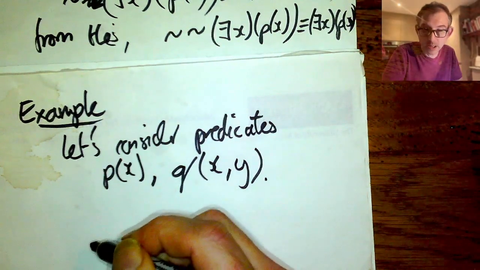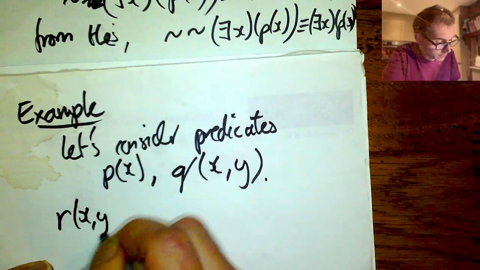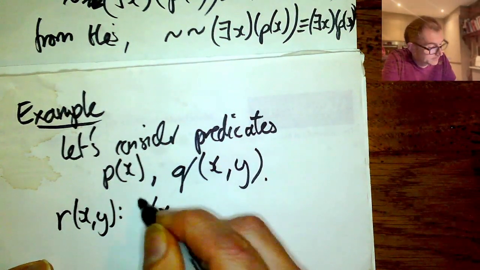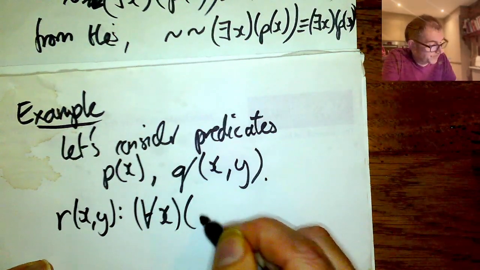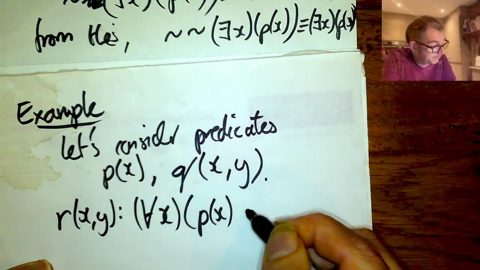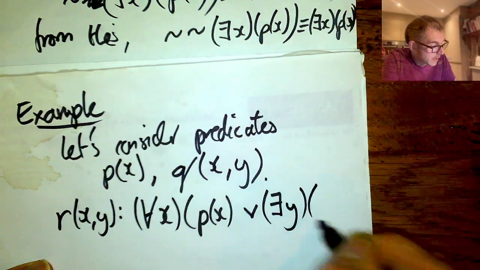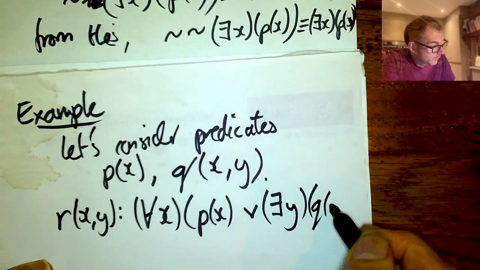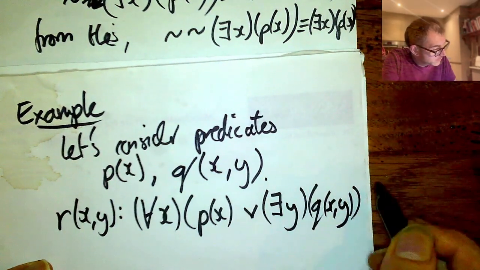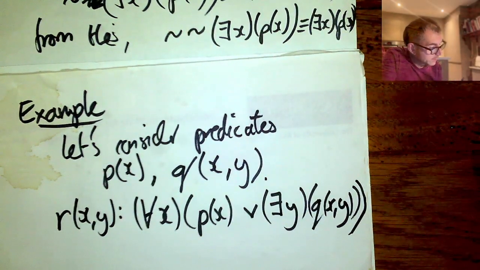So for all x, maybe I'll call this R of x y, just for the sake of giving it a name. So it's going to say for all x, either P of x is true, or I can find some y such that Q of x, y is true. So I'm going to try and think of an example for you like this.